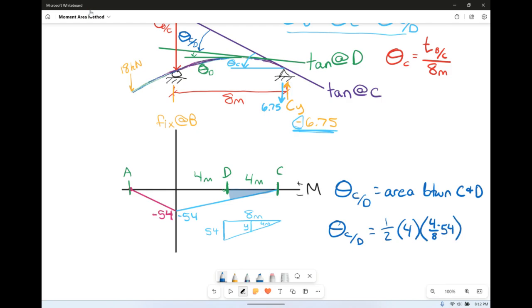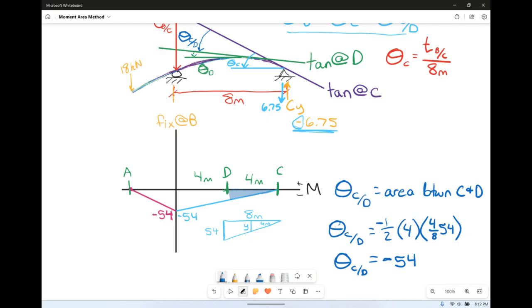By the way, it's negative. Let's put that negative out in the front so it doesn't look awkward. Ta-da! So this is half, and then this is times 2, so it's actually negative 54, funny enough. So the angle of C with respect to D is negative 54.